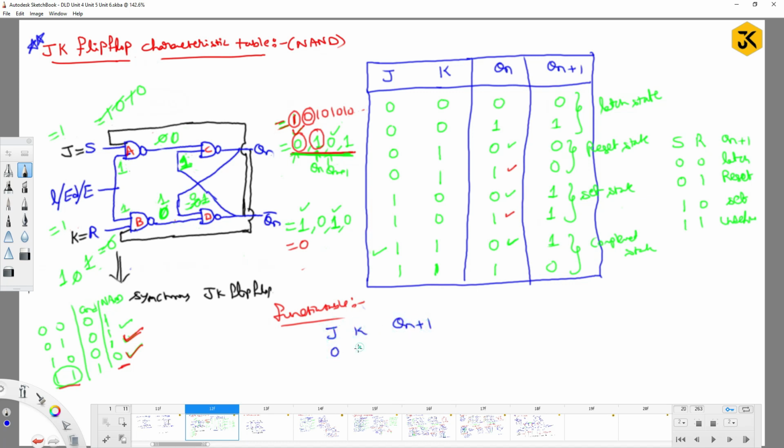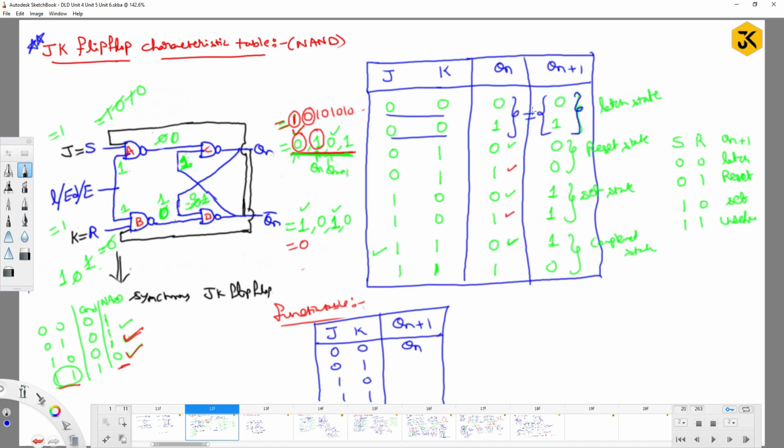So when J and K are 0 0, 0 1, 1 0, 1 1, what might be the Qn plus 1? Can we write it in terms of Qn? Yes. When J and K are 0 0, Qn plus 1 is latch state, which means the same as Qn, so I can write simply Qn.